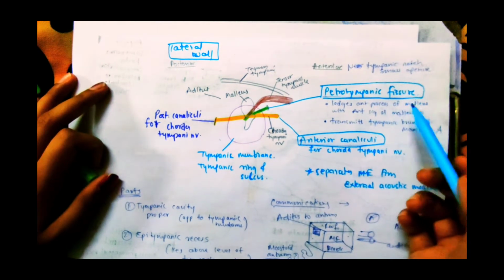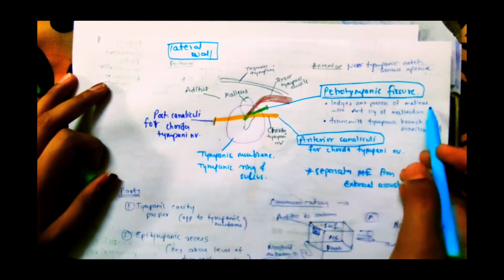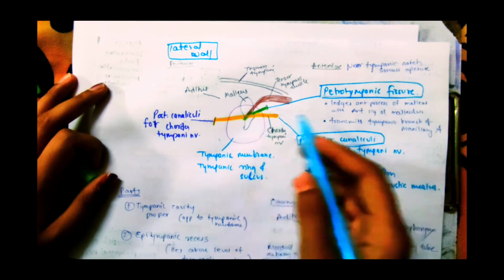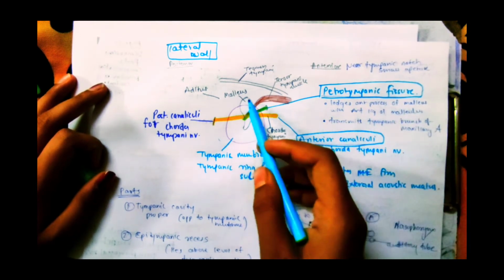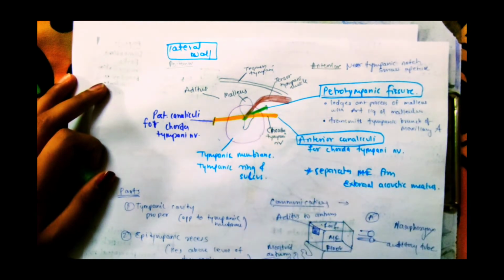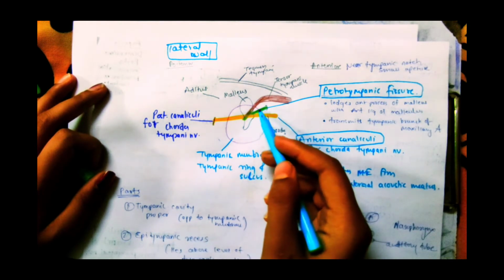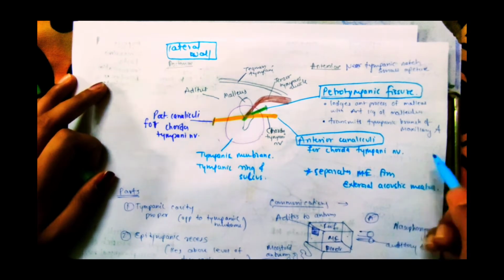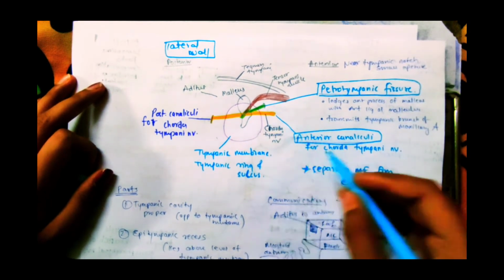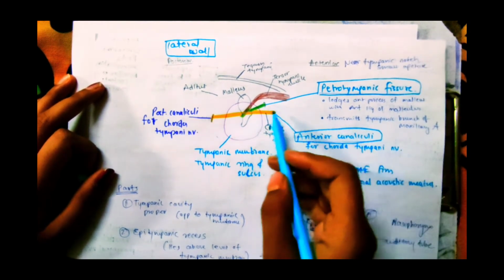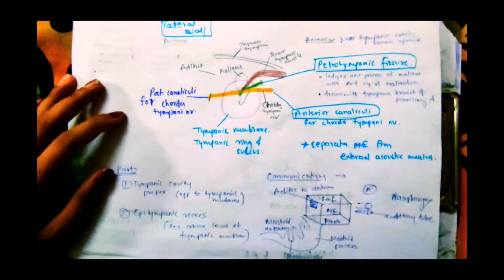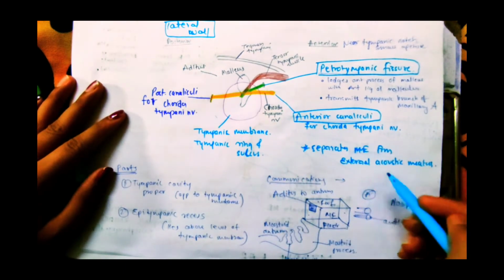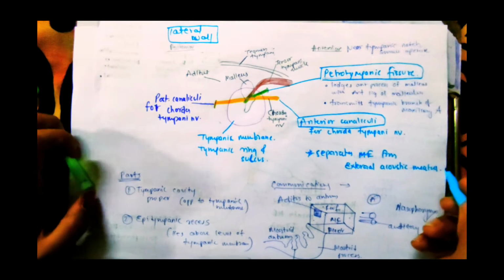This petrotympanic fissure lodges the anterior process of the malleus with the anterior ligament of the malleus, and it transmits a branch of the maxillary artery. Then the anterior canaliculus is for the chorda tympani nerve, from which the chorda tympani nerve goes. And this lateral wall separates the middle ear from the external acoustic meatus.